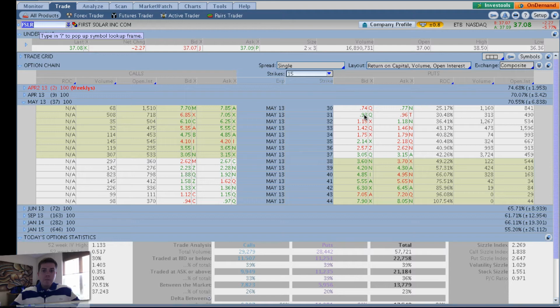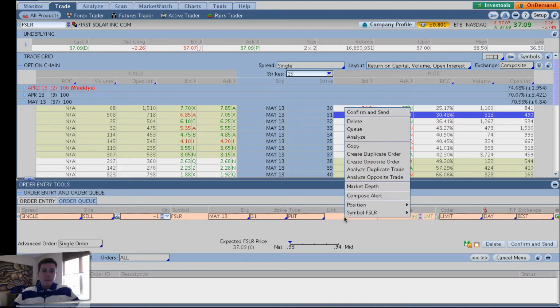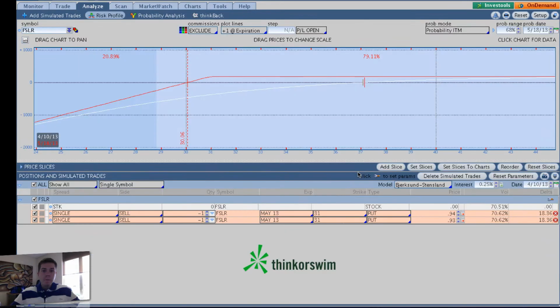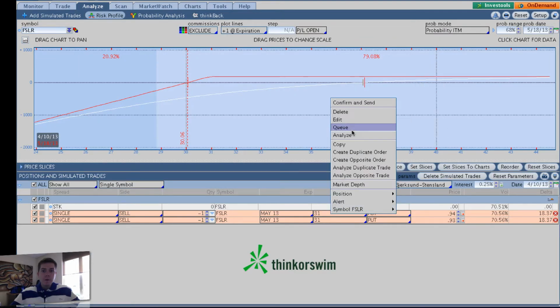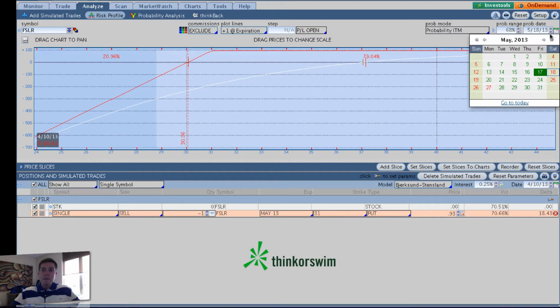So let's click on the bid, and once you click on the bid here, right click in this orange pinkish area and you hit analyze duplicate trade. I already had this loaded up, so let me get rid of that. The first thing you want to do is make sure your probability date up here at the top right is in line with your expiration month.